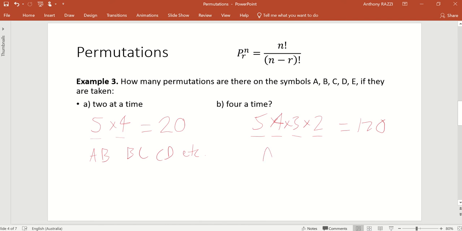So basically I'm saying ABCD, ABDC, etc. We also have ABDE, etc., ABED, etc. I'm not going to go through them all, but there's actually 120 different possible arrangements. And different arrangements are just called permutations, where the order matters.